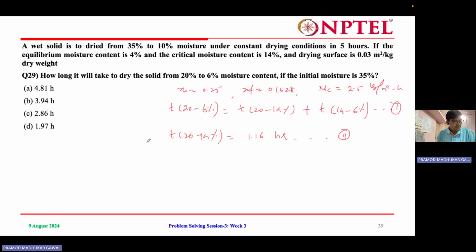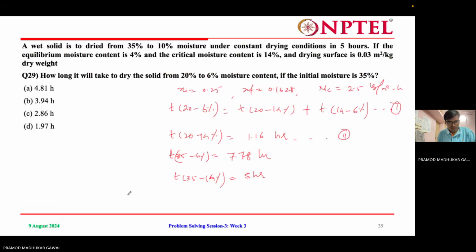Now we already calculated the time required from 35% to 6%, which is 7.78, and the time required from 35% to 14% is 5 hours, right?